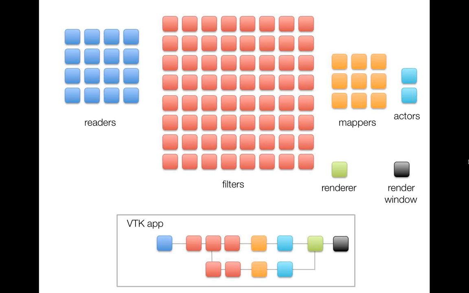So what you do is you start with readers, you go through filters to mappers, actors, render window. And so an application in VTK generally consists of chaining those together. You hook them together by hooking their ports together, and then you tell the render window to start interacting, and everything just works if you've set everything up right.